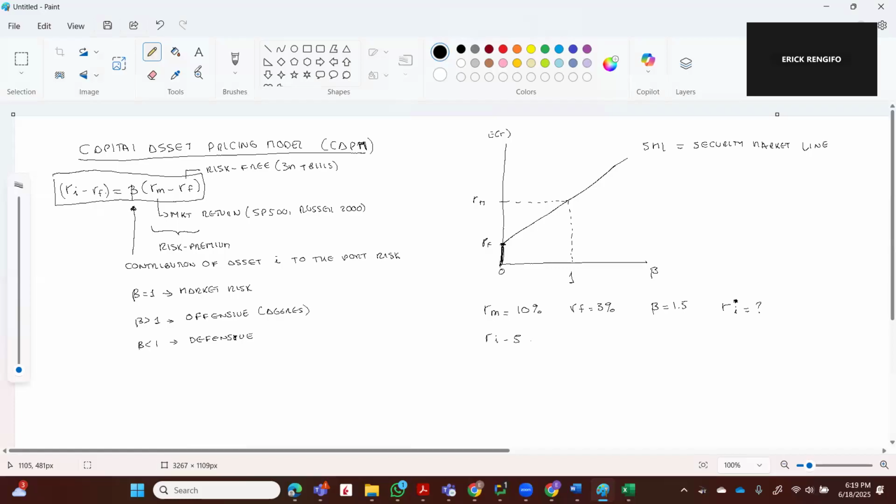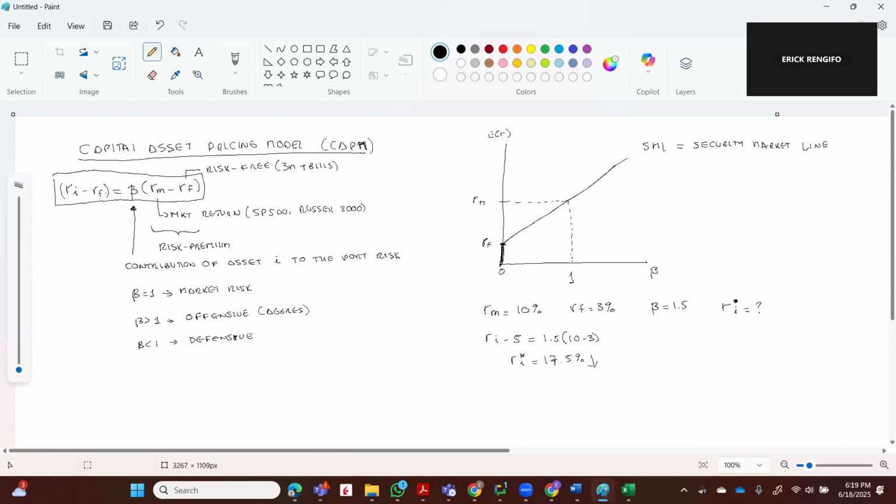Okay, everything in percentage terms equals 1.5 that multiplies 10 minus 3. Do you agree, guys? 7. So 17.5% you said? Yeah. Okay, someone to confirm?